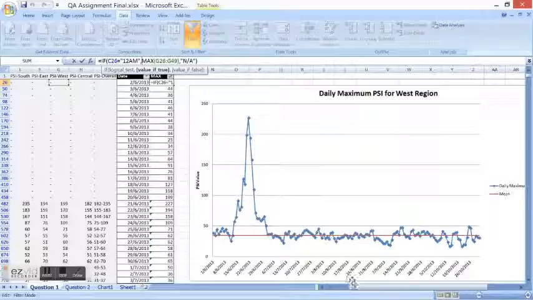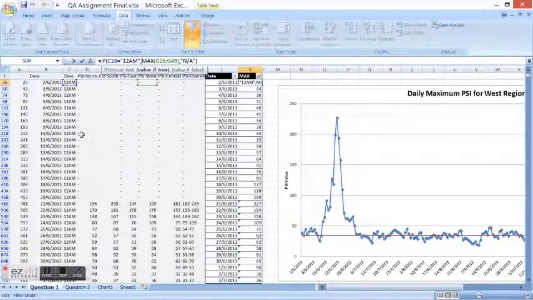Because the given raw data is hourly, but for this particular part they actually want daily. So I use IF C26, which is the 1st of June, is the 2nd of June 12 a.m., then it will find the maximum.